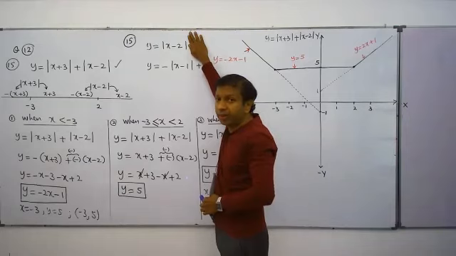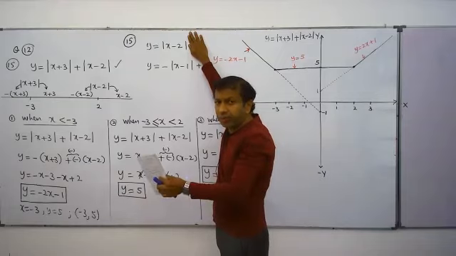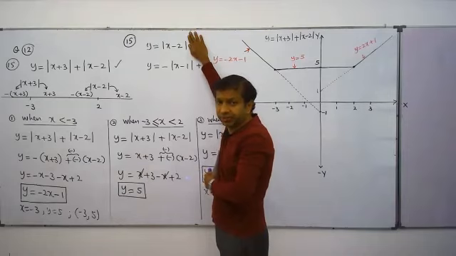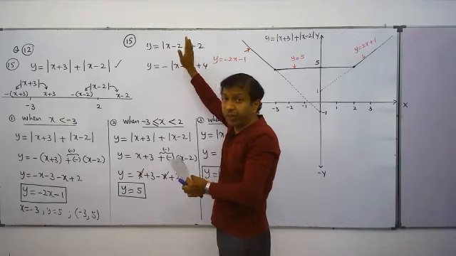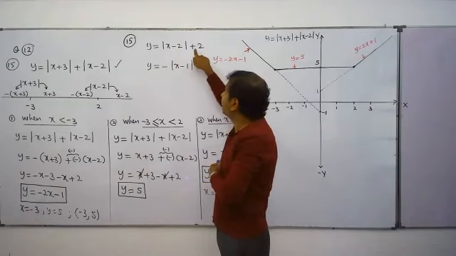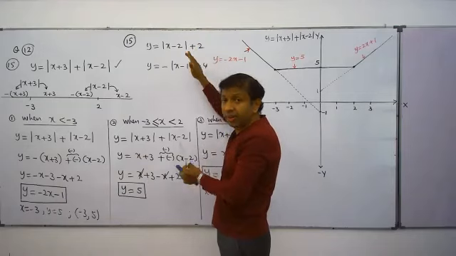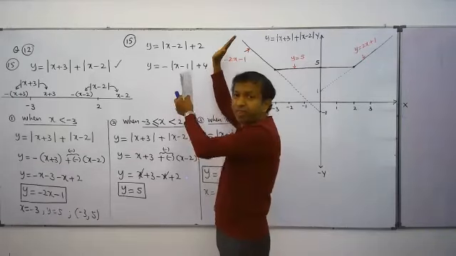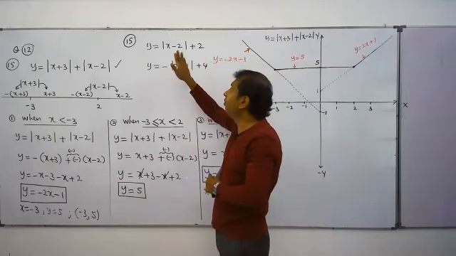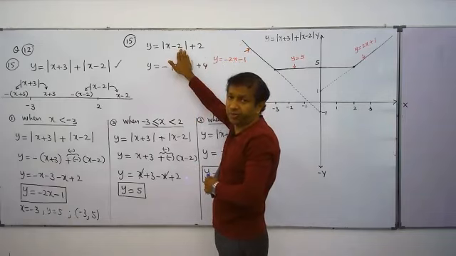First we consider the mod x graph, and we push it rightward by 2 units, because here we have a minus sign. After that, since 2 is added, we lift that rightward pushed mod x graph upwards by 2 units. Then very easily we can draw this graph.